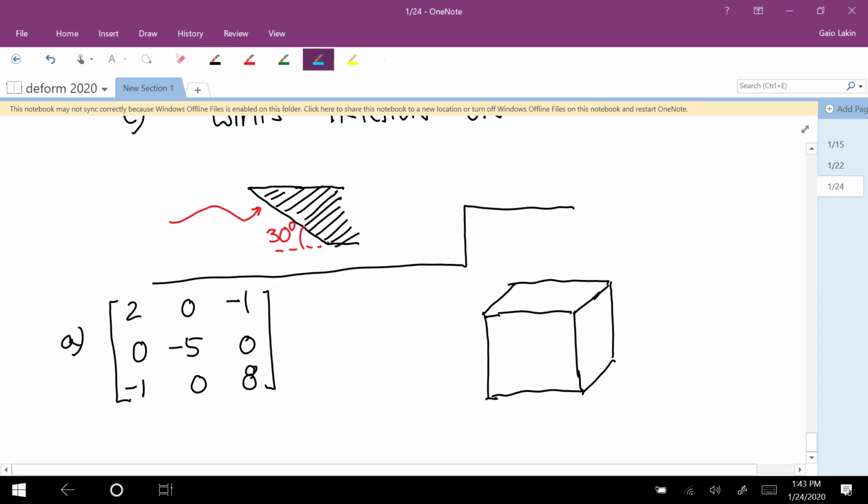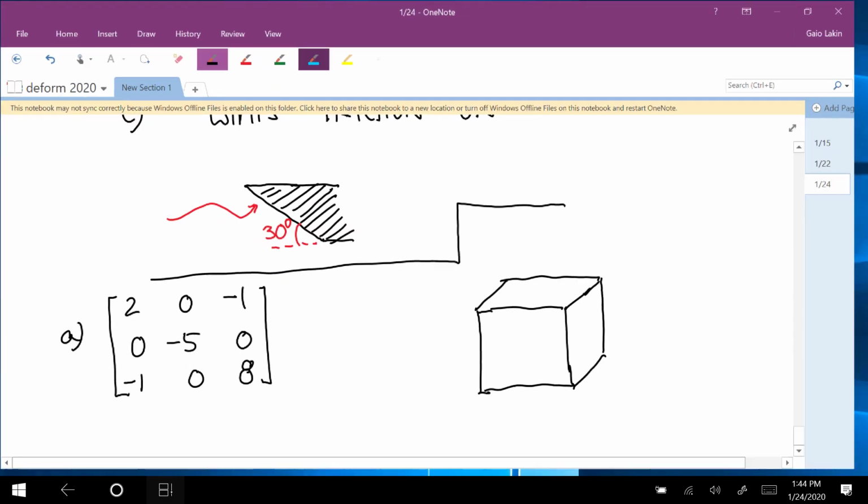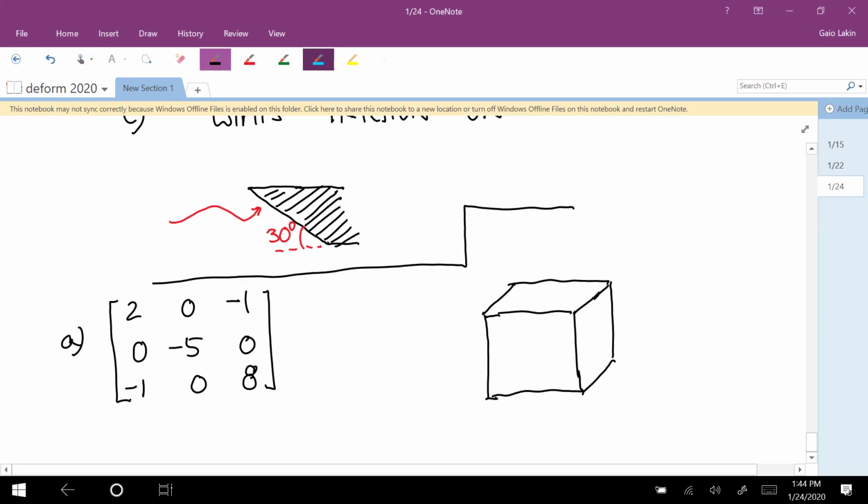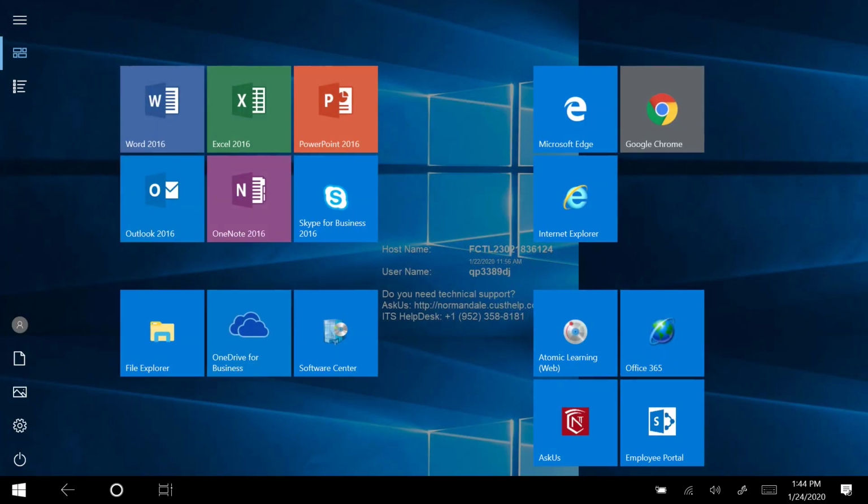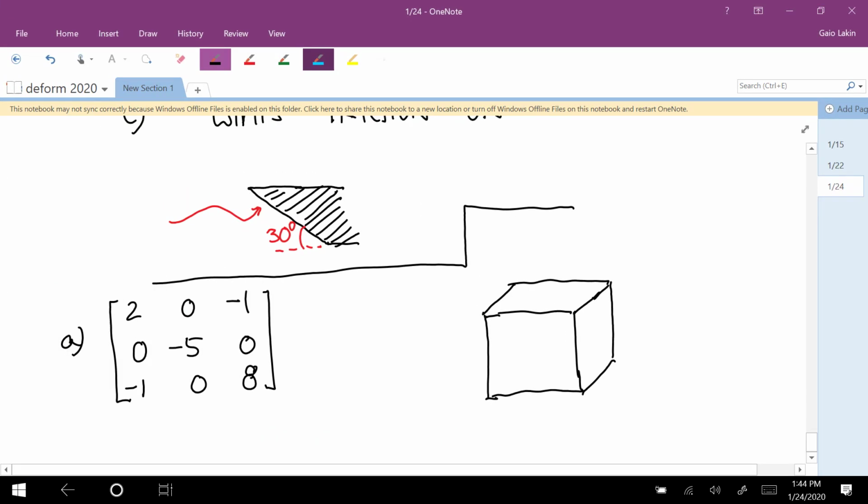Well, on the x face, the XX traction is in the positive x direction. It's on the x face, and it has a magnitude of 2. Then there's nothing on the x face in the y direction.